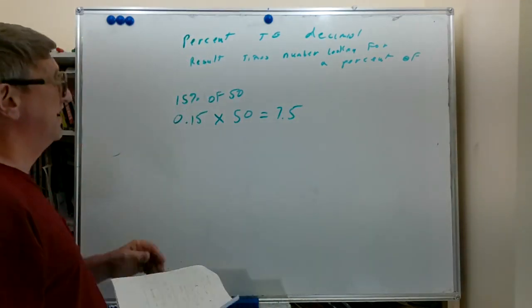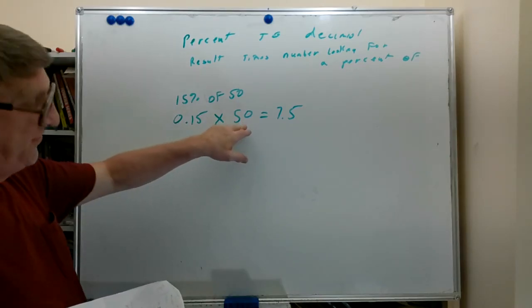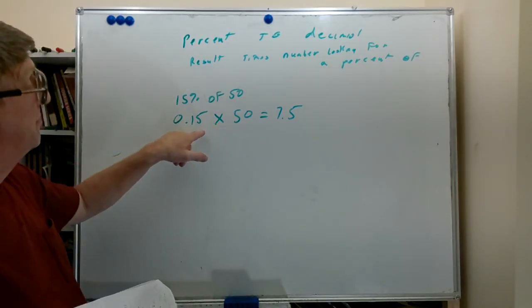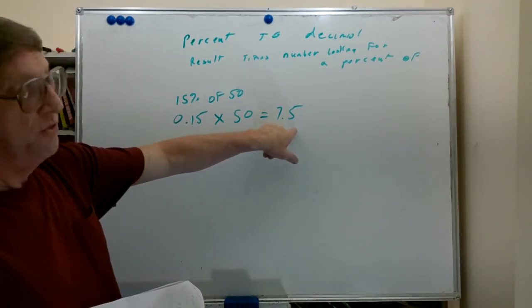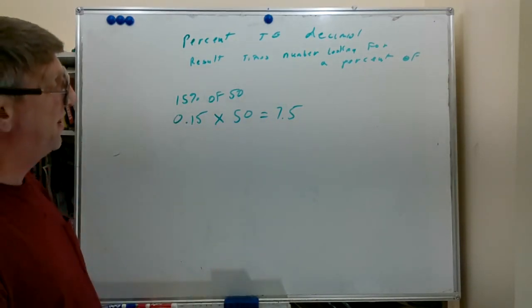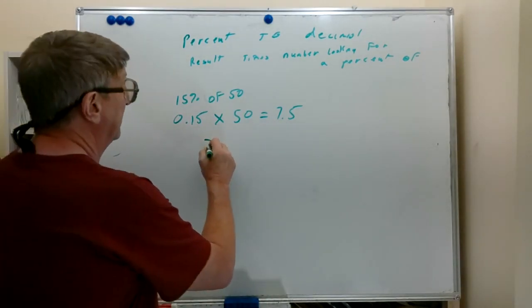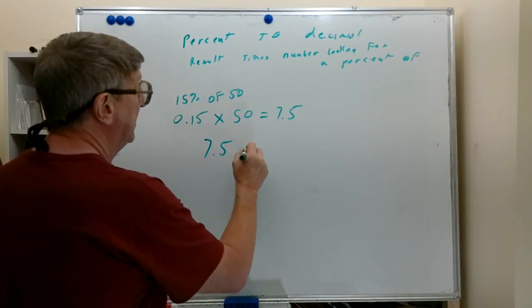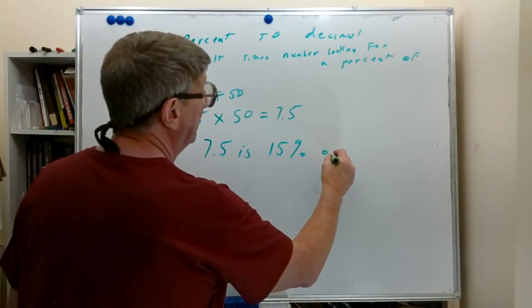So what we've determined is that 0.15 is 15%, 50 is what we were looking for 15% of, we multiplied this times 50, and we found that the result was 7.5. So 7.5 is 15% of 50.